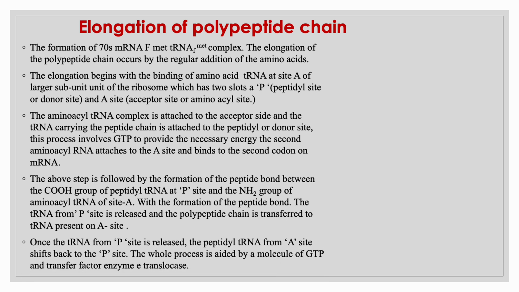Once the tRNA from the P site is released, the peptidyl tRNA from the A site shifts back to the P site. The whole process is aided by a molecule of GTP and transfer factor enzyme translocase.